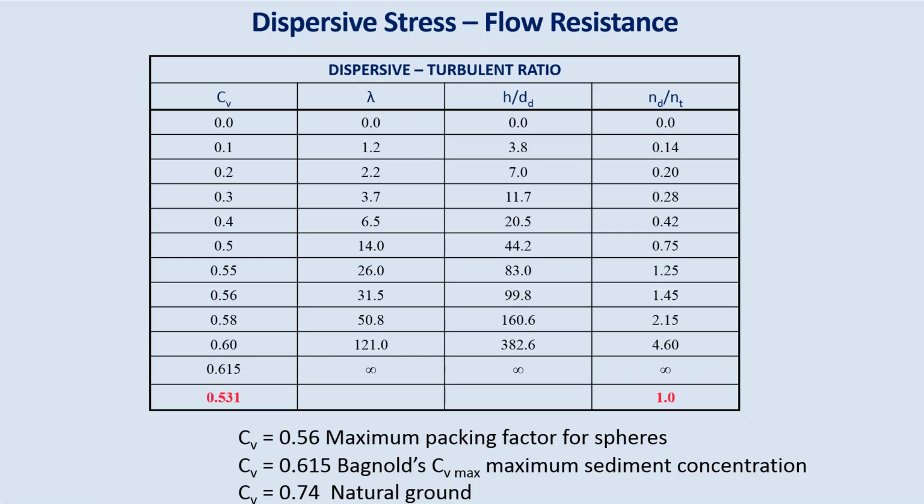And if you do this without going through all of the ways in which we derive this, if you take the concentration, and this is the laminar packing coefficient, I believe that's what it is. Anyway, this is Bagnold's lambda value here. And this is the flow depth in relationship to the particle size.